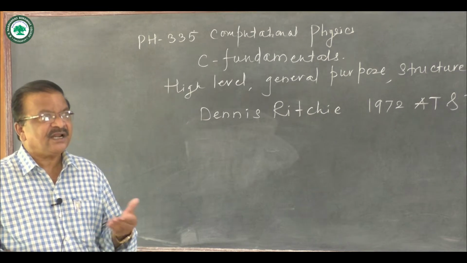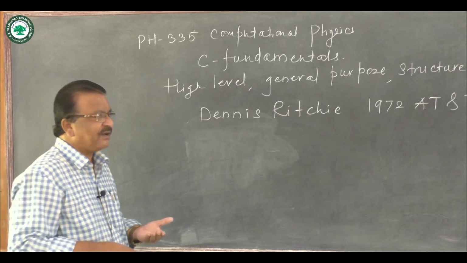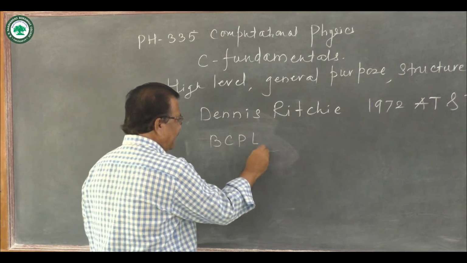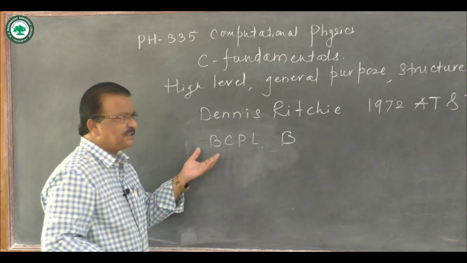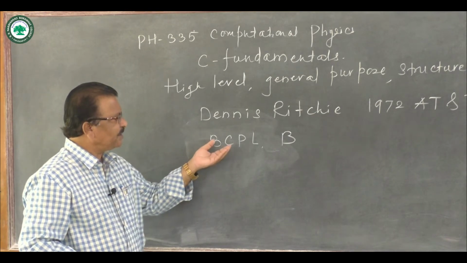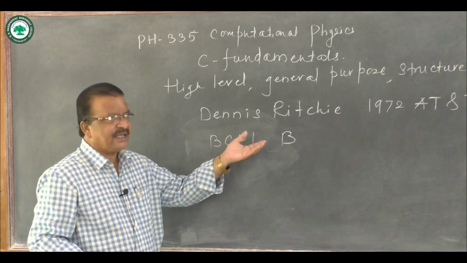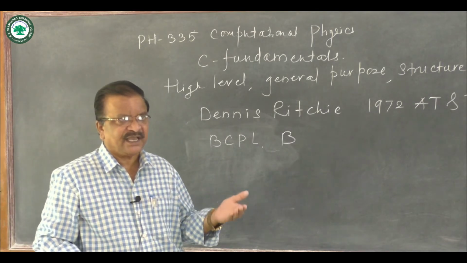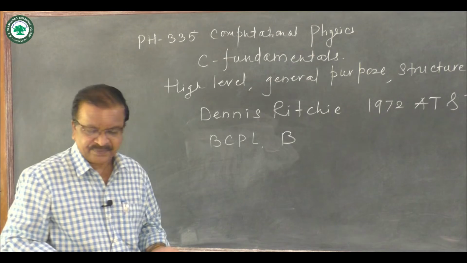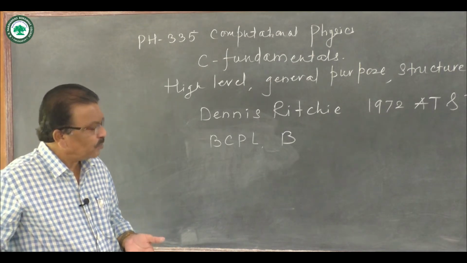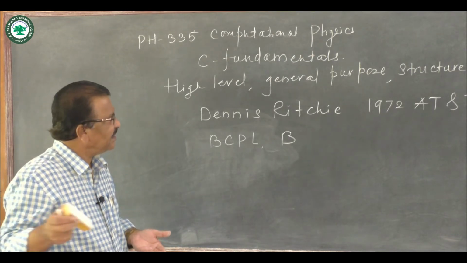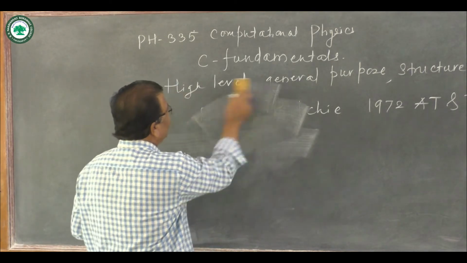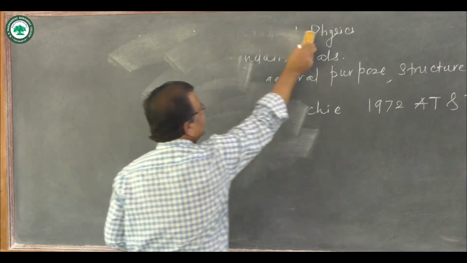It is a natural outgrowth of two earlier languages, namely BCPL and B. BCPL stands for Basic Computer Programming Language, and then came B and then C, after C, C++, C#, and so on.